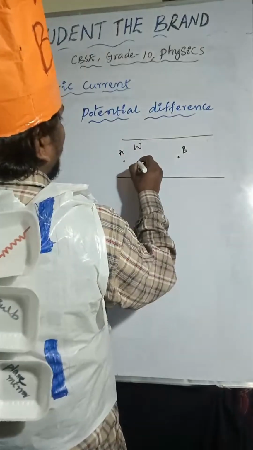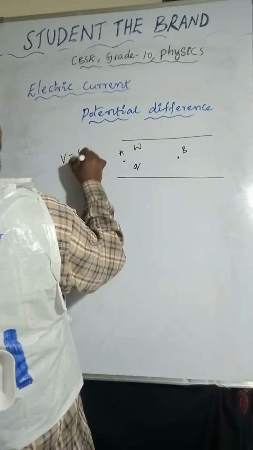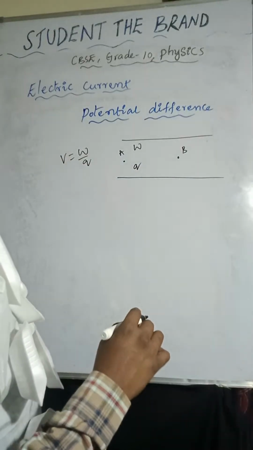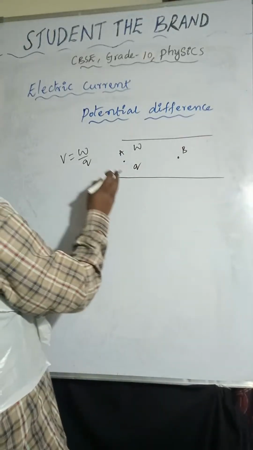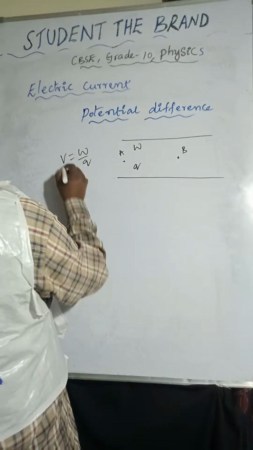So W is the work, Q is the charge. So V equal to W by Q. Work done to bring unit positive charge from one point to another point within the conductor is called potential difference.